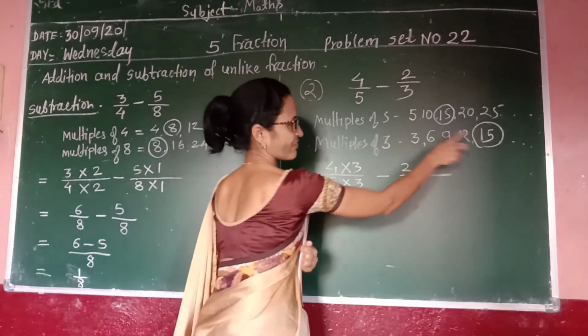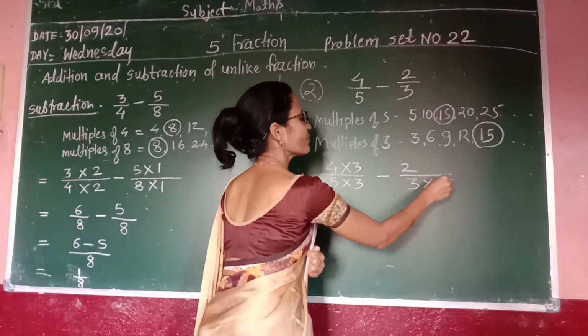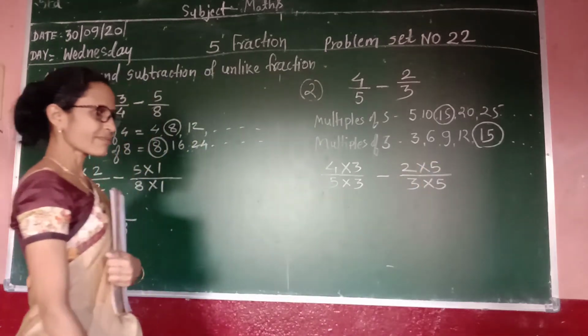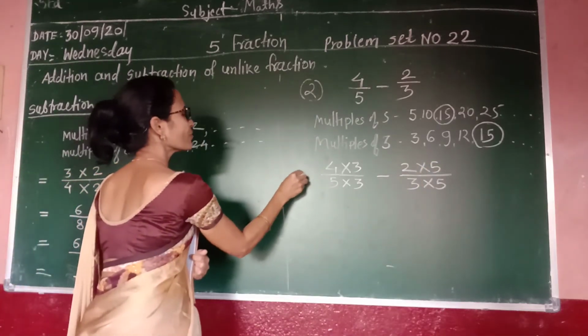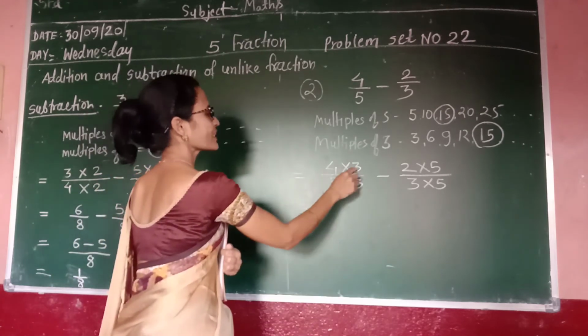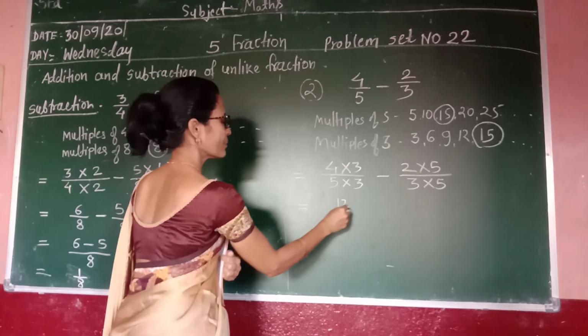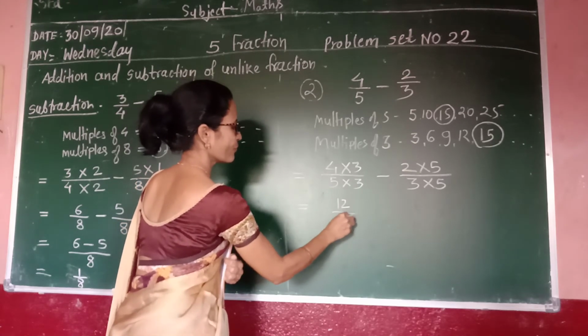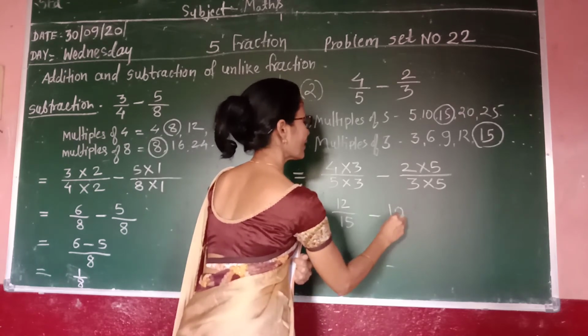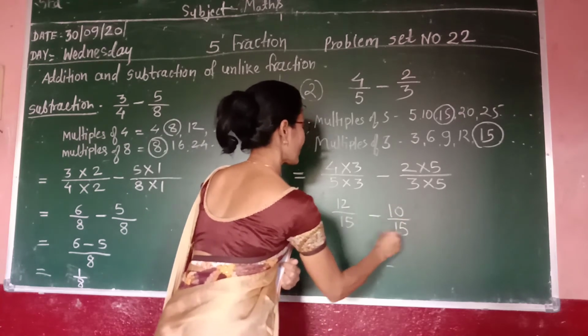Here 3 5s are 15, multiply the numerator by 5. You put the equal to sign. Then 4 3s are 12 upon 5 3s are 15, minus 5 2s are 10 upon 5 3s are 15.